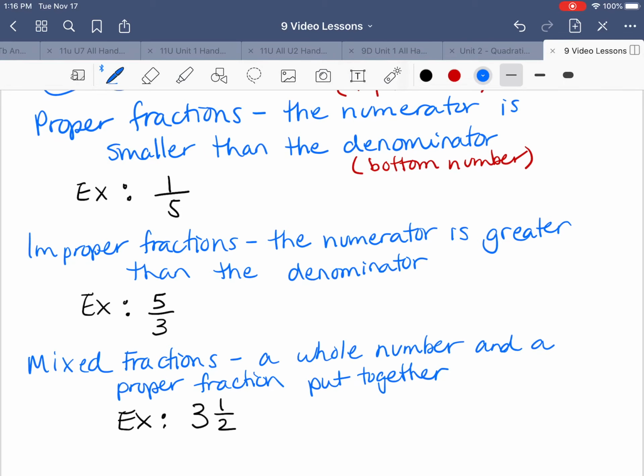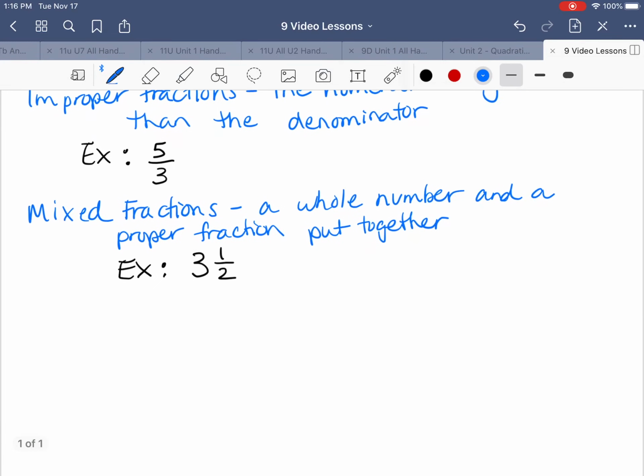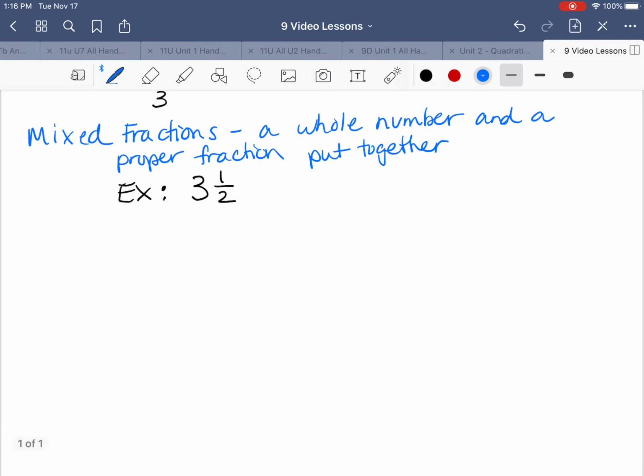Now let's go over how to change between improper fractions and mixed fractions. Let's say, for example, we had 5/3.